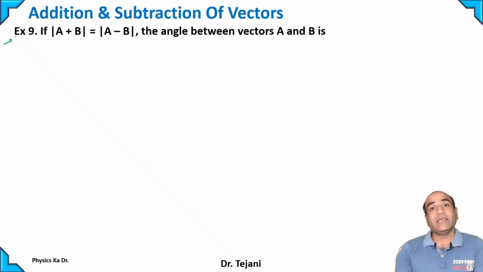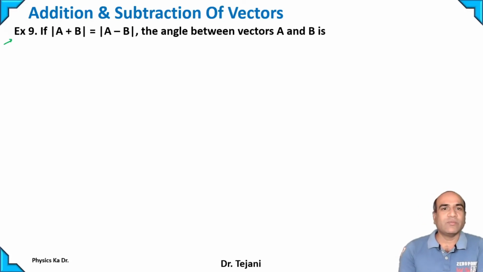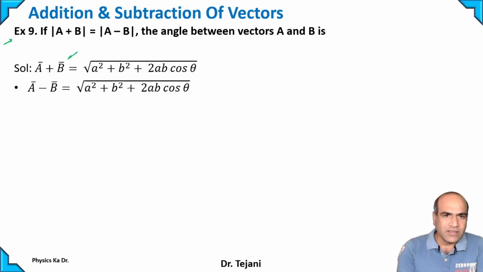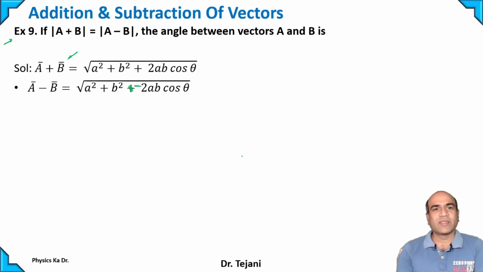Example number 9. If mod A plus B is equal to mod A minus B, what is the angle between vectors A and B? So we know that mod A plus B is equal to root A square plus B square plus 2AB cos theta. And for A minus B, here it is minus, so put minus here: A square plus B square minus 2AB cos theta.